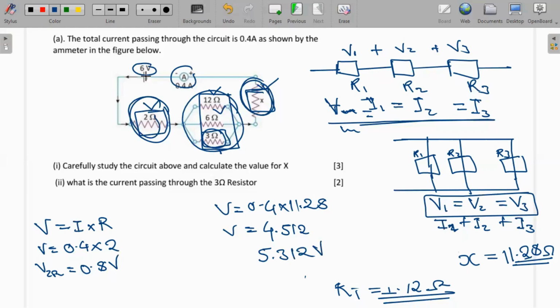Now let's say the 6 volts, which is the total, minus the one that we've calculated here. So 6 volts minus 5.312 volts.